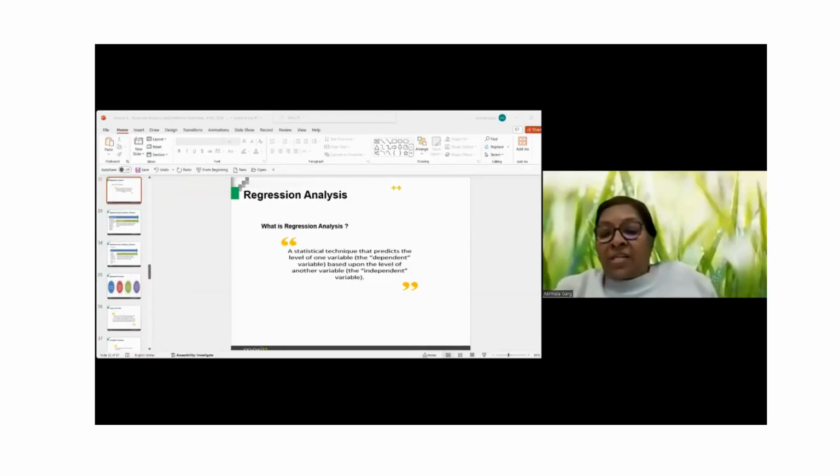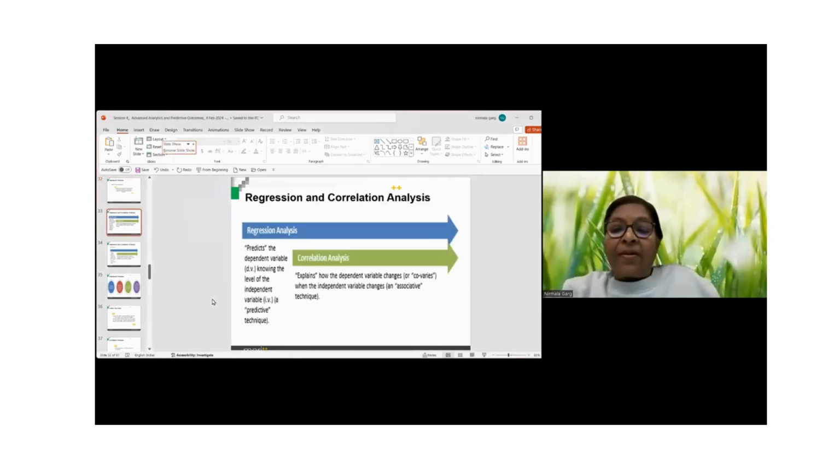First, let me take you through a little theory, because now you have done that, so you will be able to follow. What is regression? You know that there are 2 variables, independent variable and dependent variable. Regression has 2 variables, X and Y, and it predicts.